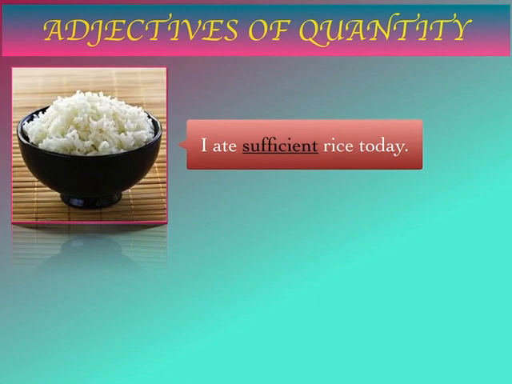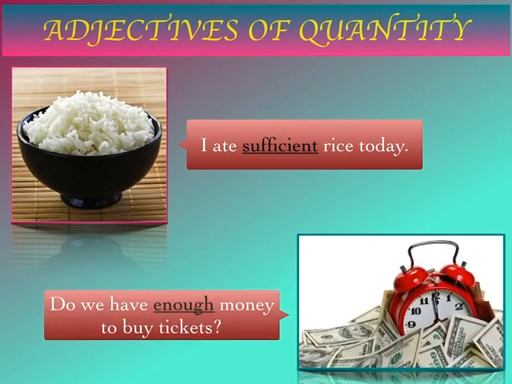Let's see the first one. It says, I ate sufficient rice today. So here students, sufficient is describing the noun rice, which is an uncountable noun, and so sufficient is an adjective of quantity. In the same way, in the second image, it says, do we have enough money to buy tickets? So here students, money is the noun and the word describing money is enough.